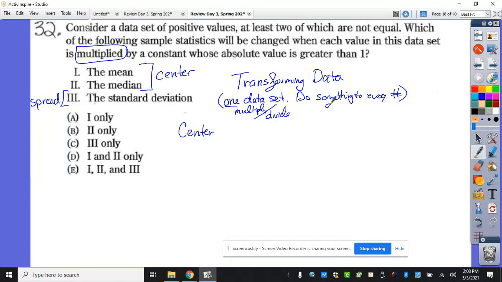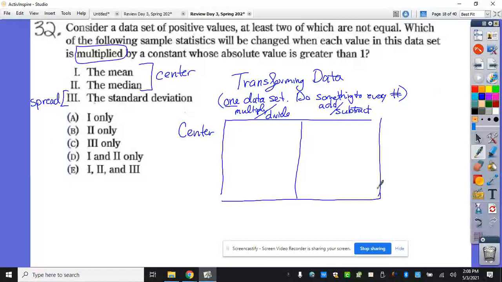And then we're going to talk about add and subtract. The one thing about, and I know I'm writing it as center, but I always talk about it usually with mean. Across the entire class, pretty much, mean. What happens to mean is exactly what you would expect to happen to mean.